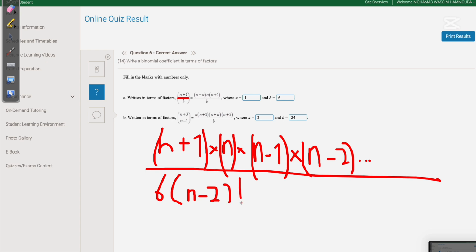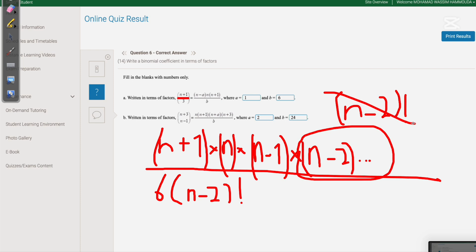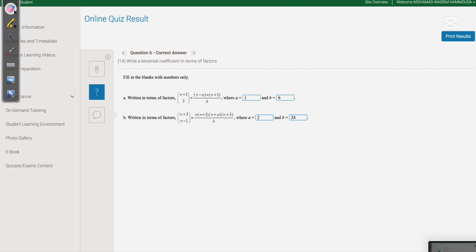As we said before, this n minus 2 continuation is equal to n minus 2 factorial, which means we can cancel this and this. So we'll have n plus 1 times n minus 1 over 6.